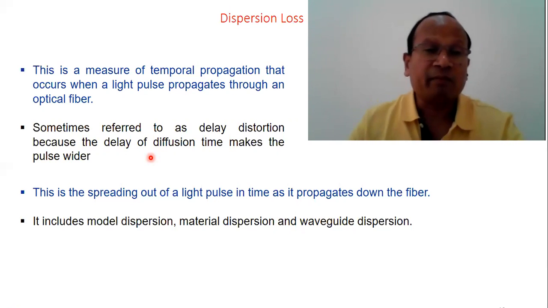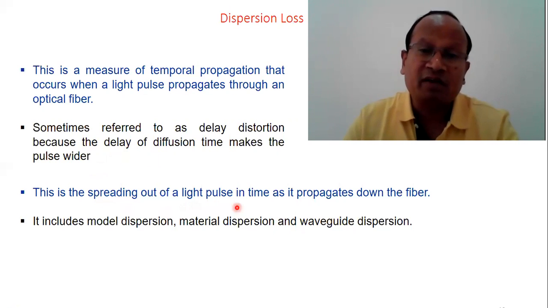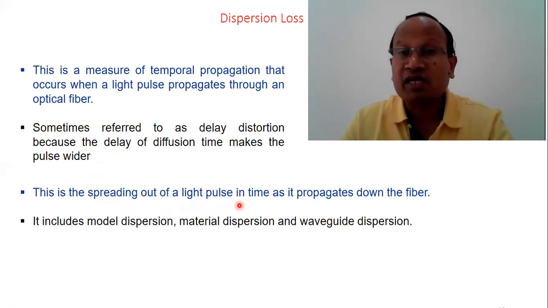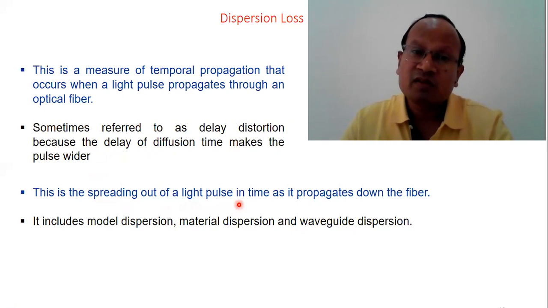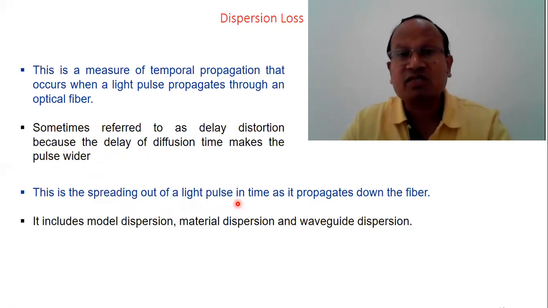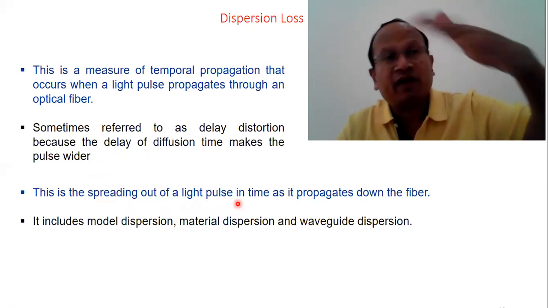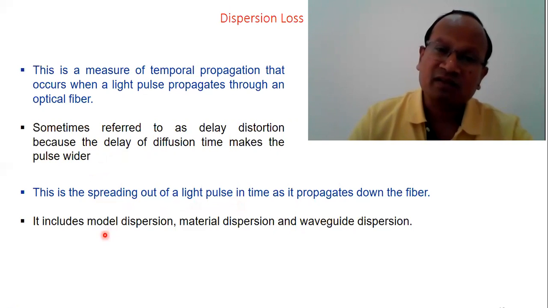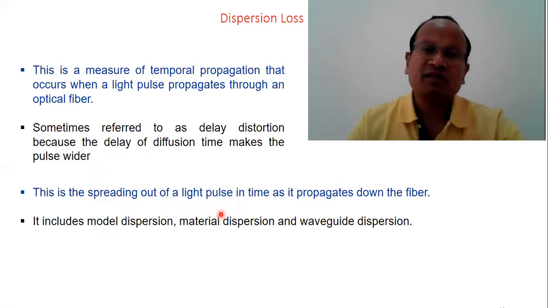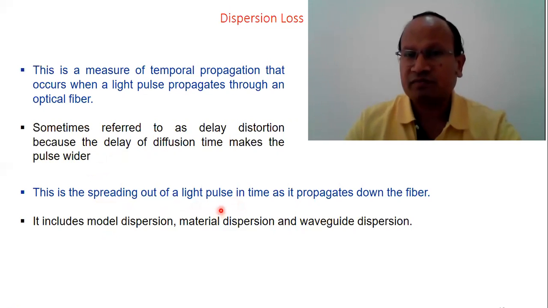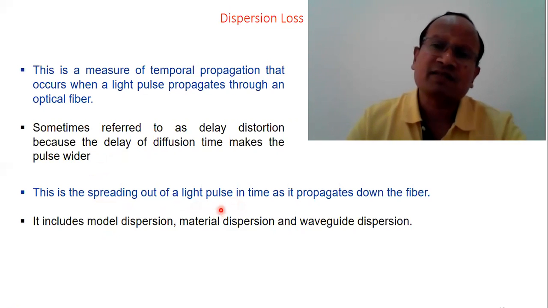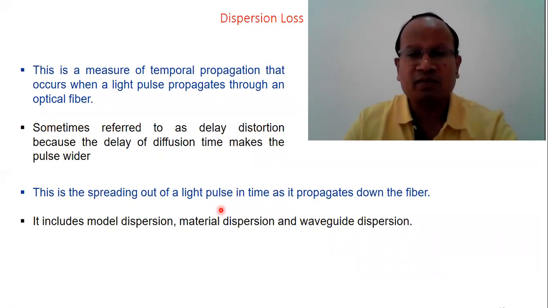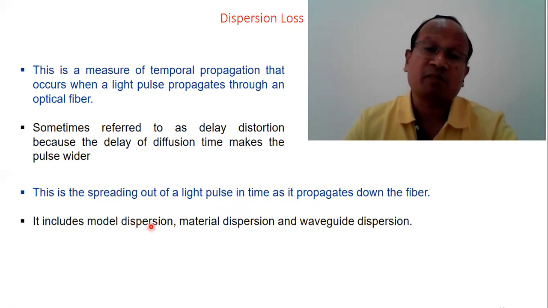This is the spreading out of a light pulse in time as it propagates down the fiber from one end to the other. It includes modal dispersion, material dispersion, waveguide dispersion. The dispersion losses are mainly of three types: modal, material, and waveguide dispersion.